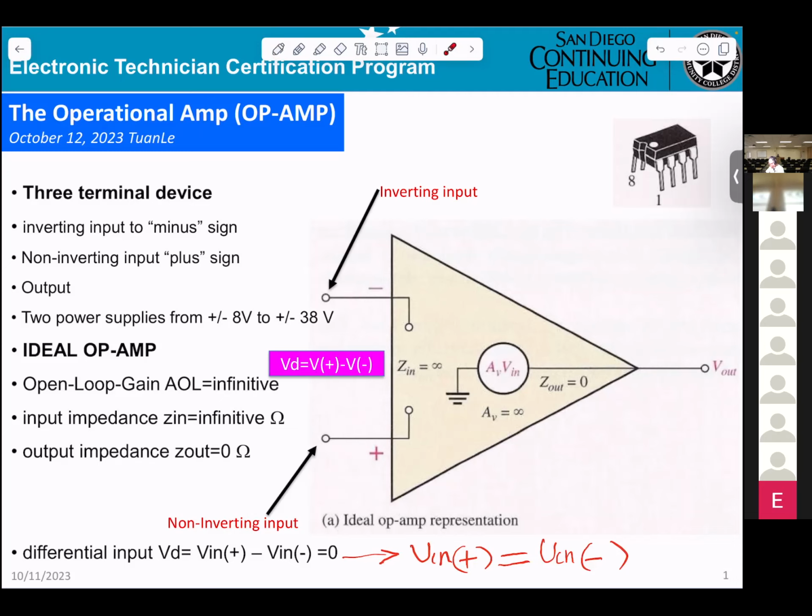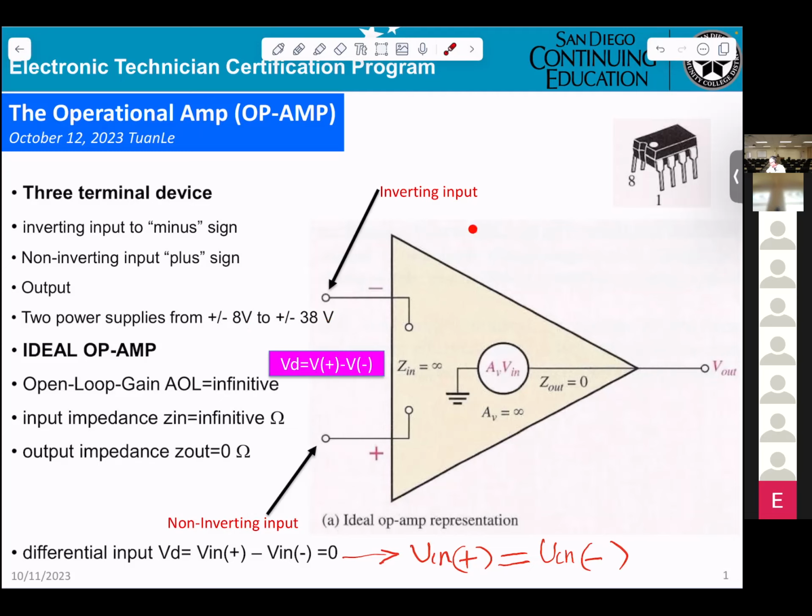Three terminals: the inverting input with the minus sign, the non-inverting input with the plus sign, and the output. Two power supplies: normally they can use positive and negative.